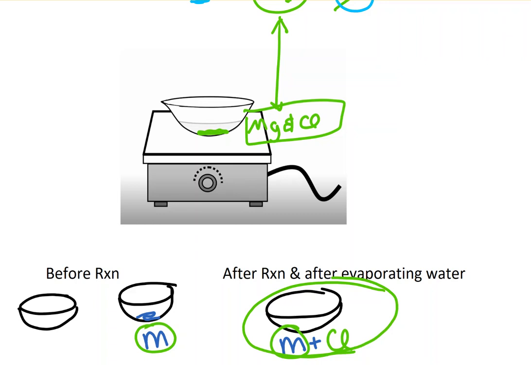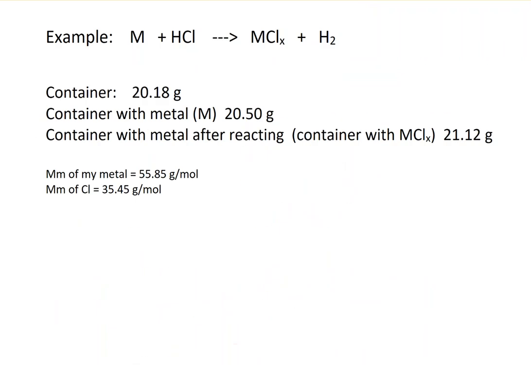Well, let's look at an example problem. I'm going to do an example problem using my generic metal, and again the goal is to find this X, which gives us the empirical formula. These are the numbers that I need to use. I have my empty container, my container with metal, and how much it weighs afterward after it reacts.